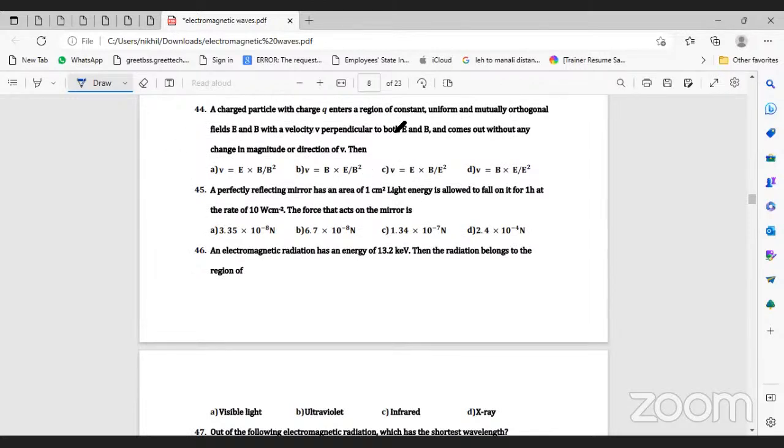You know that a charged particle with the charge Q enters a region of constant, uniform, and mutually orthogonal fields E and B. Orthogonal means perpendicular.